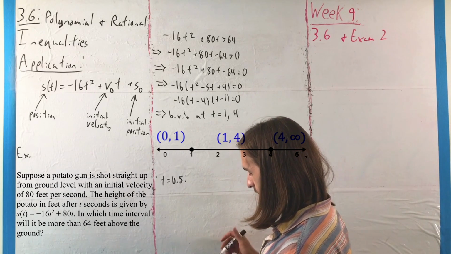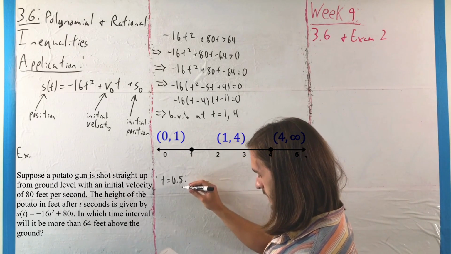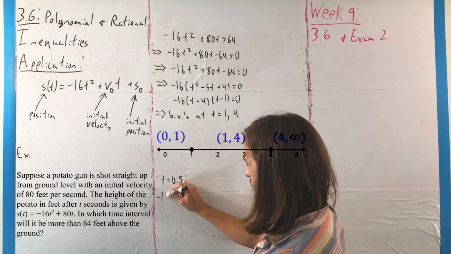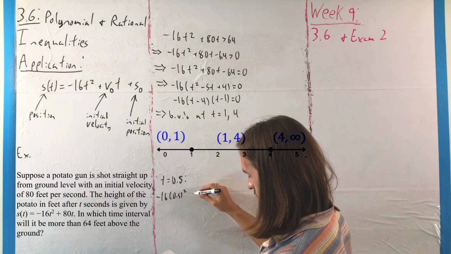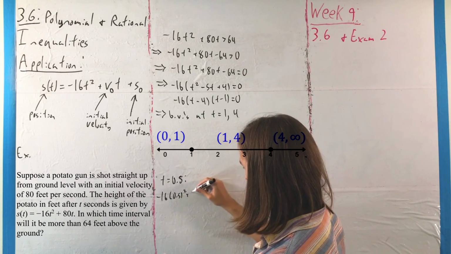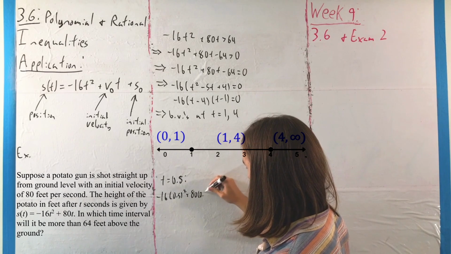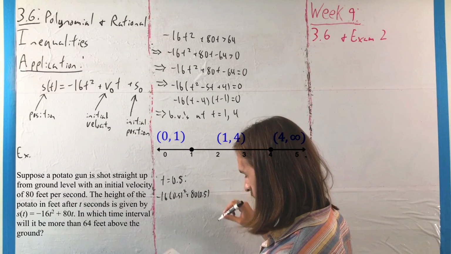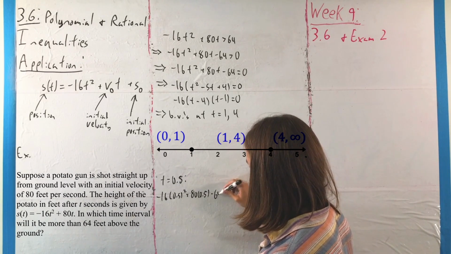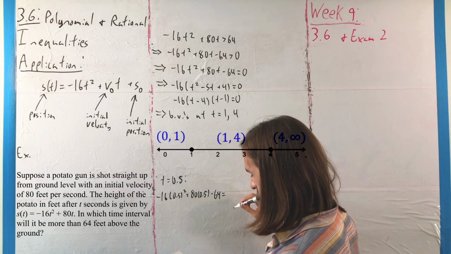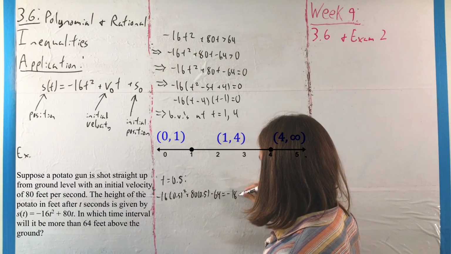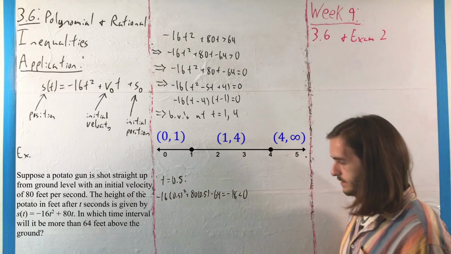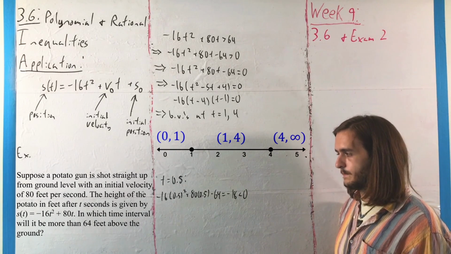If we take 1/2, we will end up getting negative 16 times 1/2 squared plus 80 times 1/2 minus 64, which is equal to negative 18, but very importantly, that's less than 0.